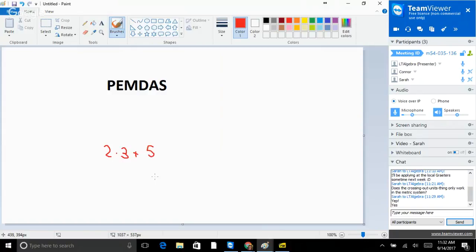If you knew nothing about math, you would think, oh, I could do 2 times 3 is 6, plus 5, that's 11. That's one solution. Or I could do 3 plus 5 is 8, times 2, which is 16. I could do these first. But that just feels wrong, to add 3 plus 5 first and then multiply by 2.